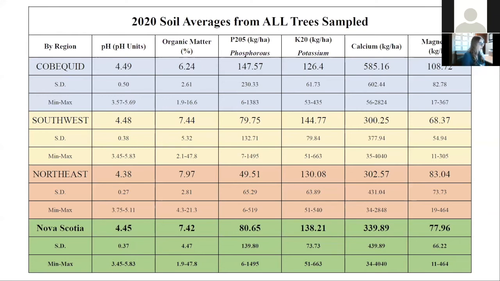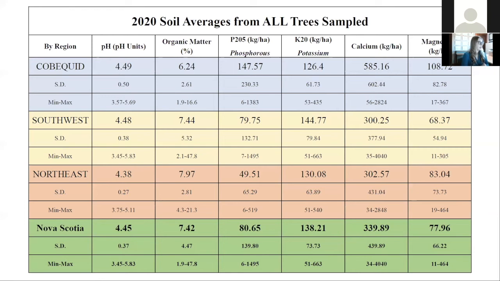And you can see the ranges for both of those in that very bottom row for Nova Scotia are just huge. There's such a variety happening across the province for fertility in Christmas tree lots that it's really interesting to be able to determine what we're actually striving for. So the average for Nova Scotia phosphorus is 80, and for potassium, 138. That sounds pretty bang on to me.